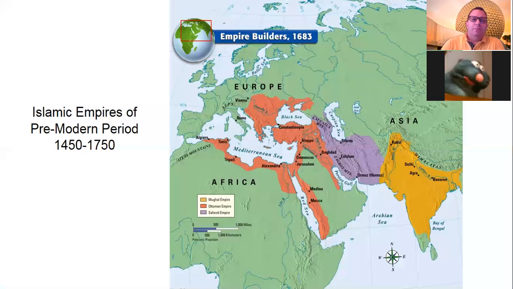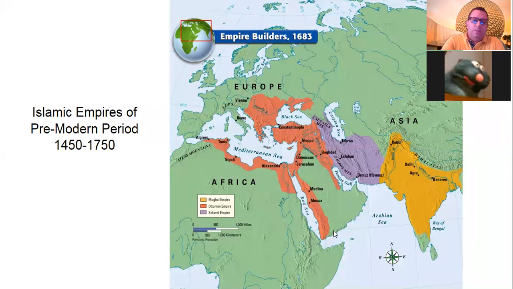Now, starting with this map here, this map kind of gives you a clue as to where each of these 3 different Islamic empires were. So the orange area over here that occupies most of what is now modern-day India, that's the Mughals. The reddish area that spans 3 different continents, that's the Ottomans.